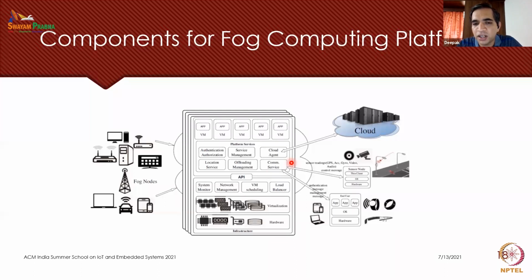There is some communication that needs to happen with the cloud, and this is initiated by the cloud agent. So if there is any communication that needs to be done with the cloud, that particular communication is initiated by the cloud agent.